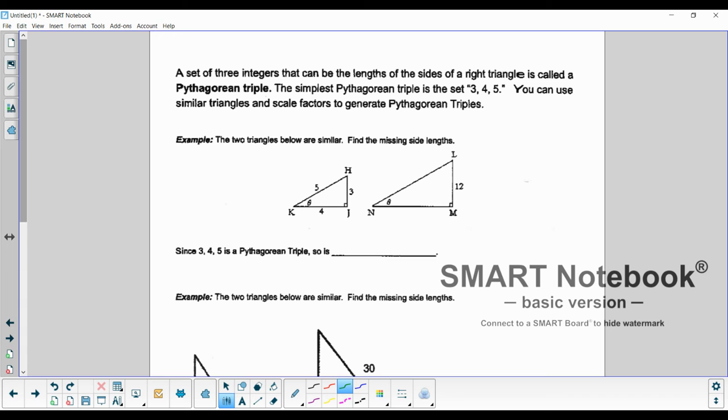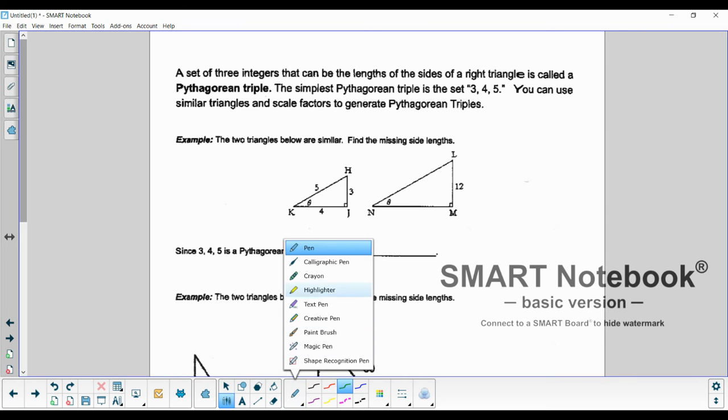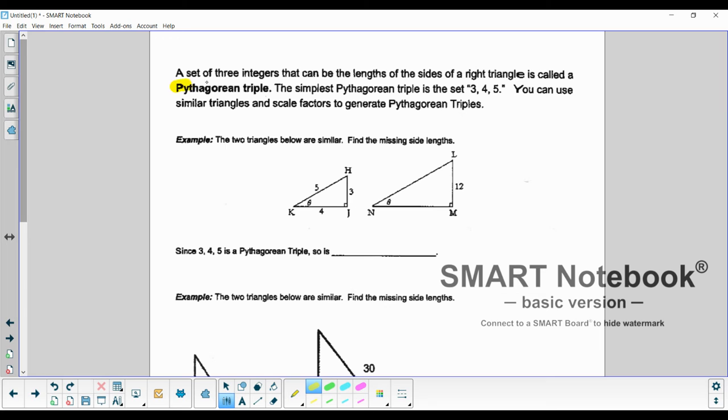So if we flip to page 36, that's exactly what it says here. A set of 3 integers that can be the lengths of the sides of a right triangle is called a Pythagorean triple. The simplest one is 3, 4, 5. And you can use similar triangles and scale factors to get Pythagorean triples.